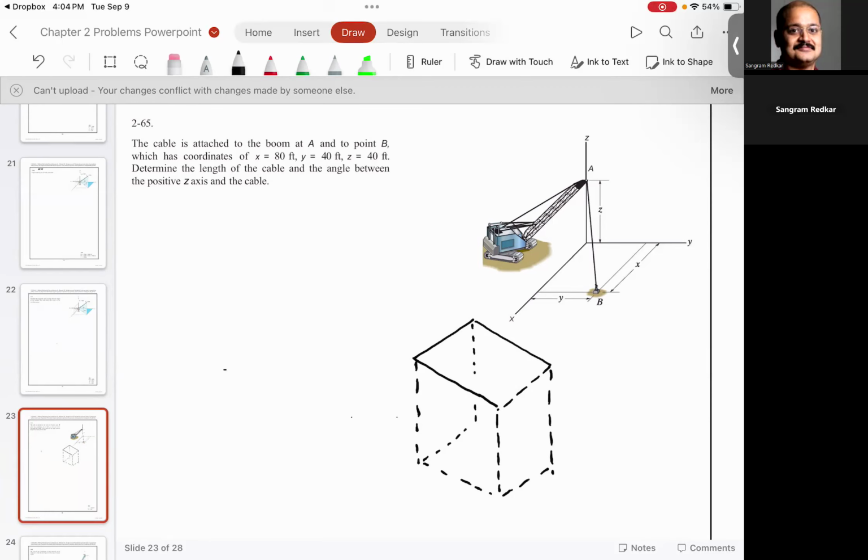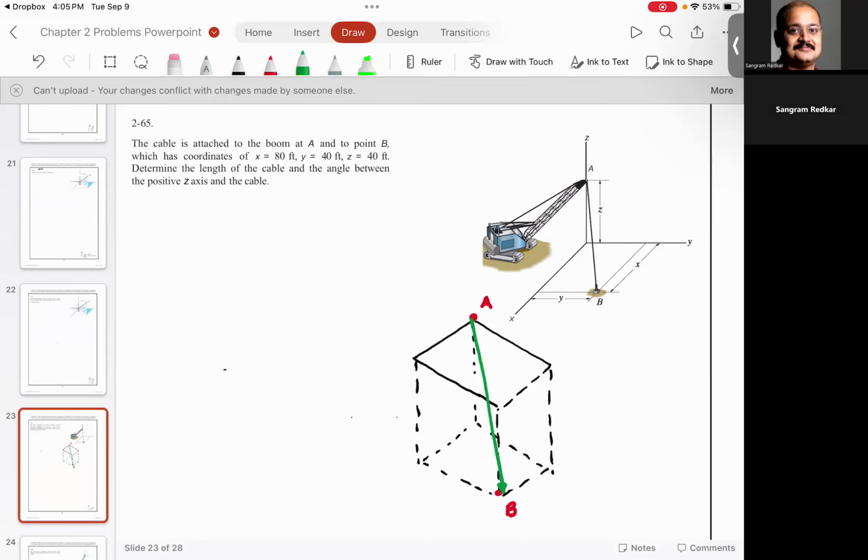So bear with me. This is your A. This is your B. And essentially what you have is a vector from A to B. Do you agree with me?